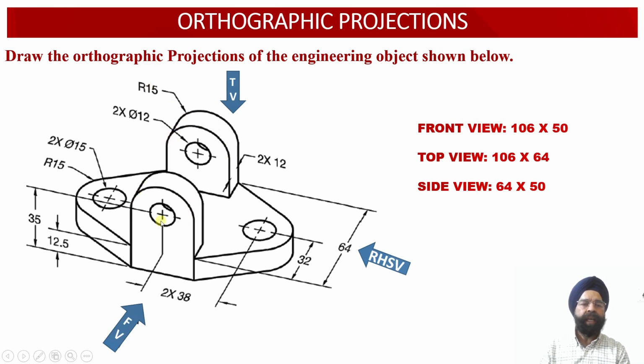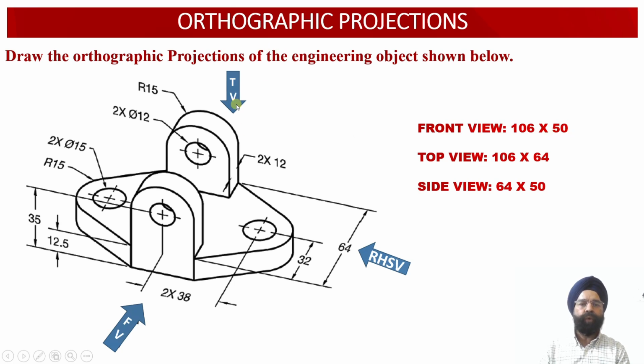So 15 plus 35, the height of the solid will be equal to 50 millimeter. So the front view face corresponding to the solid will be measuring 106 millimeter by 50 millimeter.